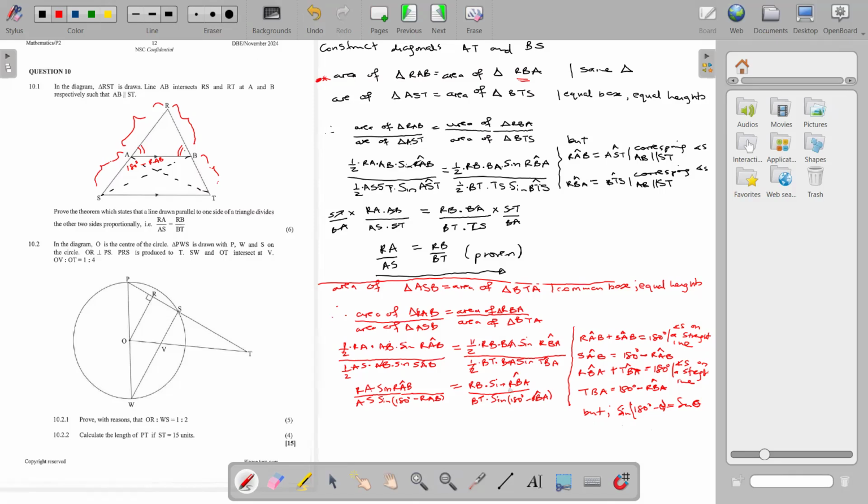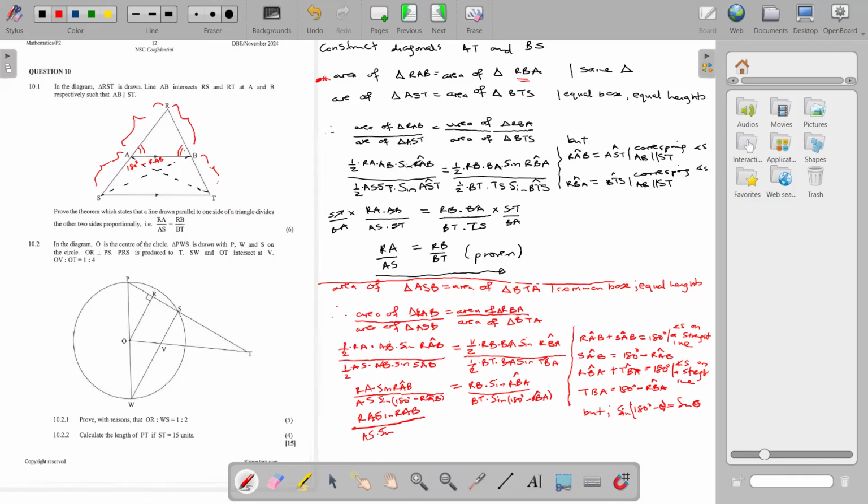Then here, it therefore means this is the same as RA sine RAB will be equal to AS times sine 180 minus that angle.